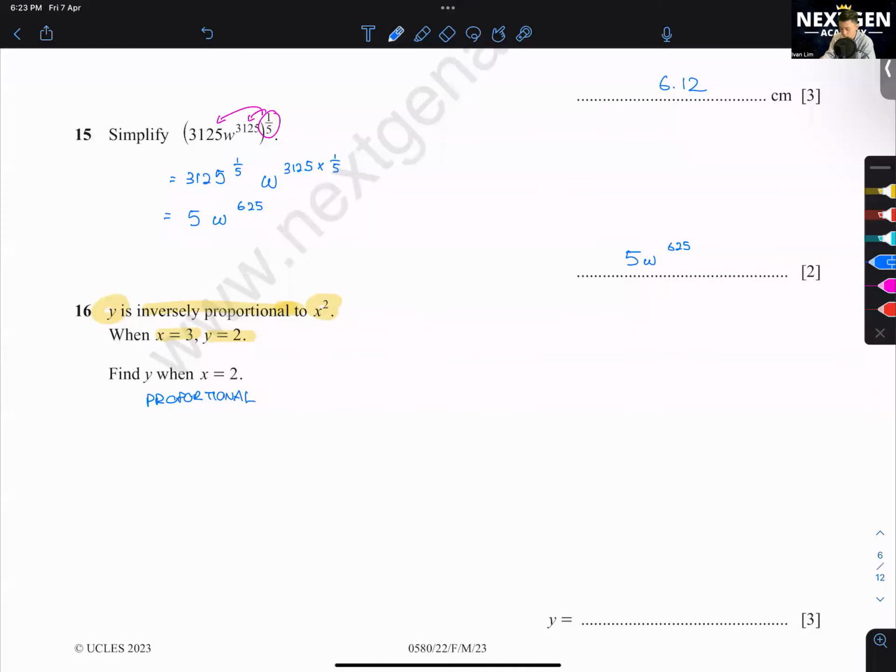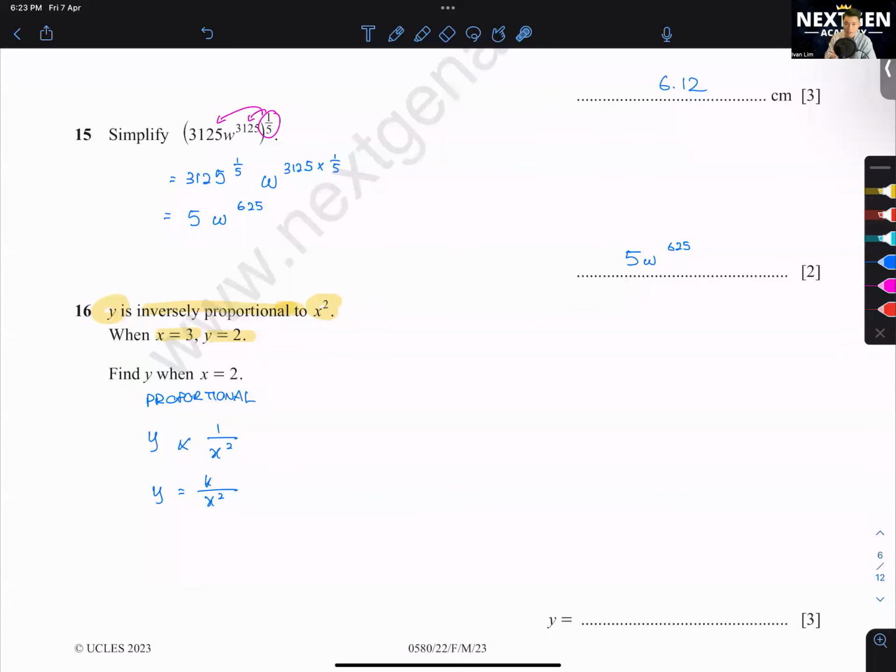If they say y is inversely proportional, we always start with this statement, the proportional symbol. Y is proportional to; inversely means 1 over. Then we change this into the equation. The first statement is actually not necessary, only certain questions need it, because when you don't have a k value, we can just use the proportional symbol. So y equals to k over x squared.